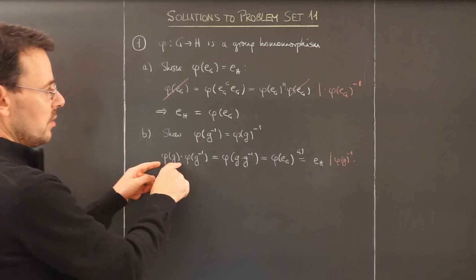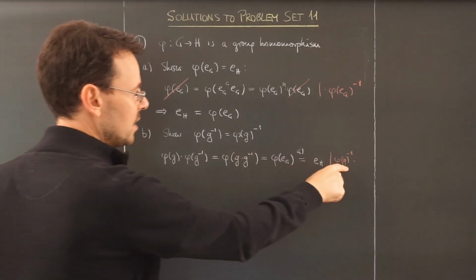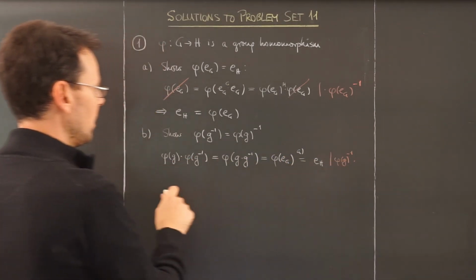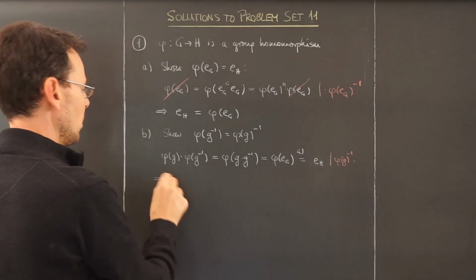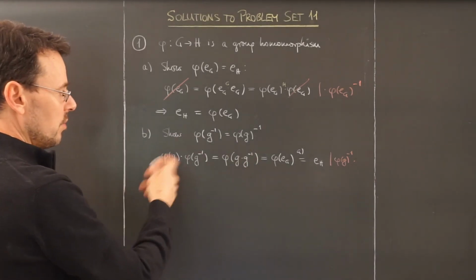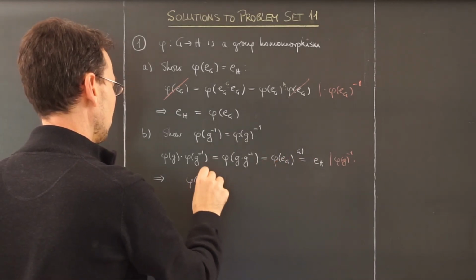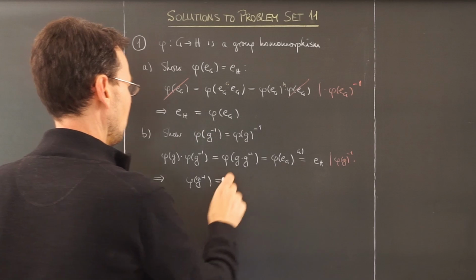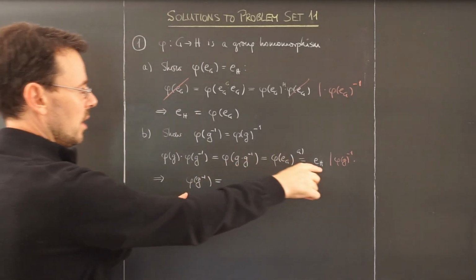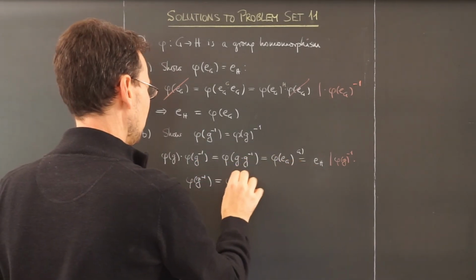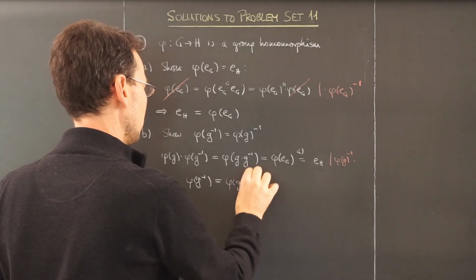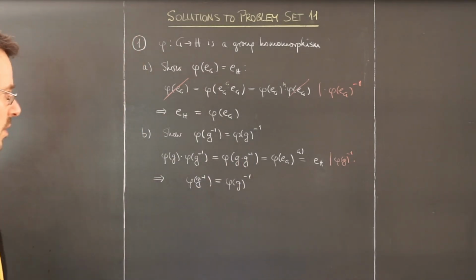We know that this here as an element of the group H has an inverse, so we multiply with its inverse from the right. Then here by associativity it cancels, and we are left with this here, and on this side I am left with this here, and this is what we wanted to show.